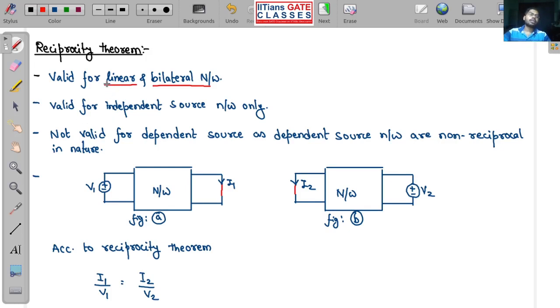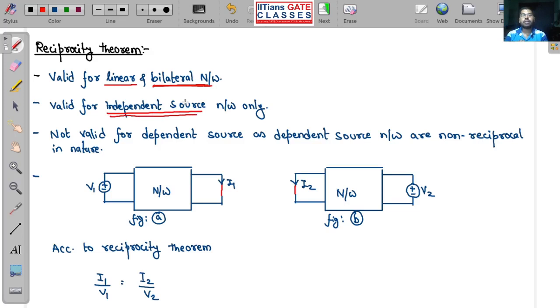So reciprocity theorem is valid for linear bilateral network. Obviously it is valid for bilateral network. Why? Because if your resistance changes due to the direction of current, then this theorem will not hold true. We are going to see why. It is valid only for independent source networks. Previously whatever we read was valid for dependent sources also.